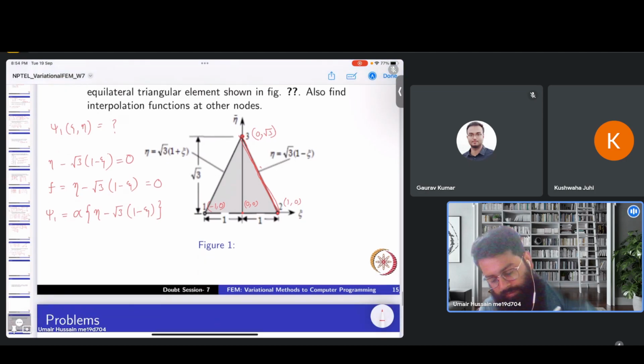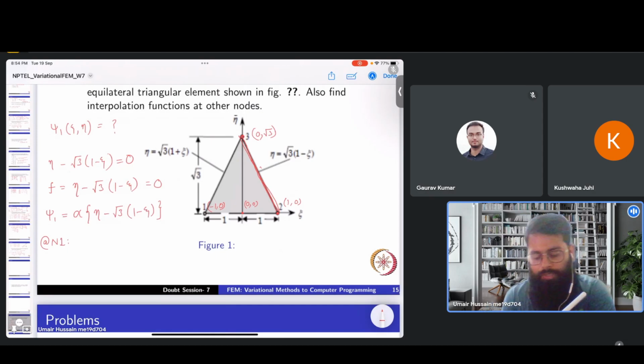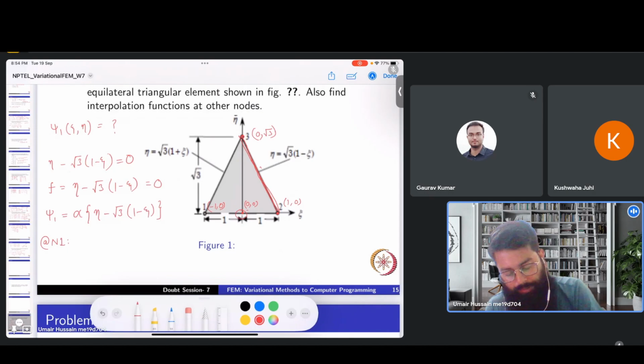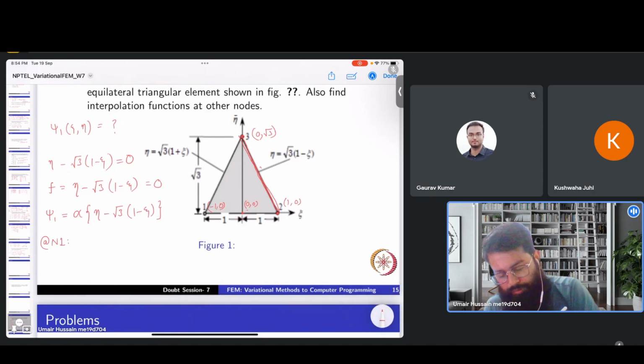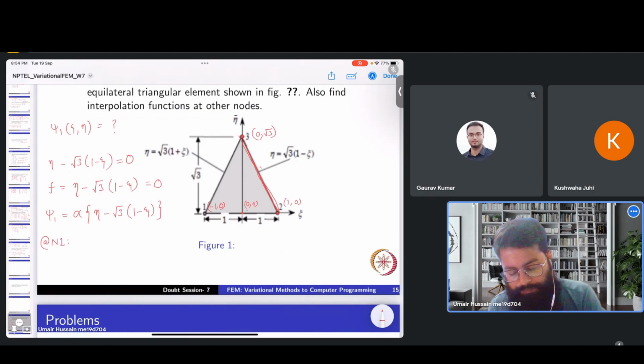So we substitute the value at node 1. What should we get at node 1? At 0, 0 it equals 1? 0, 0 is this point right here. This is not any node, so it won't be of any help to us. Instead we can substitute this function at node 1, which is at minus 1, 0.